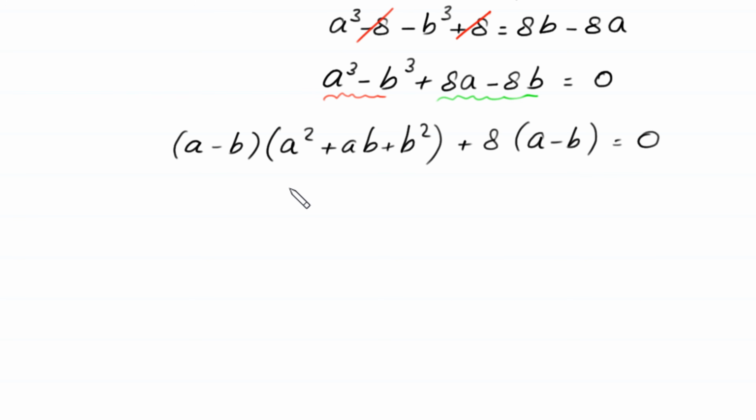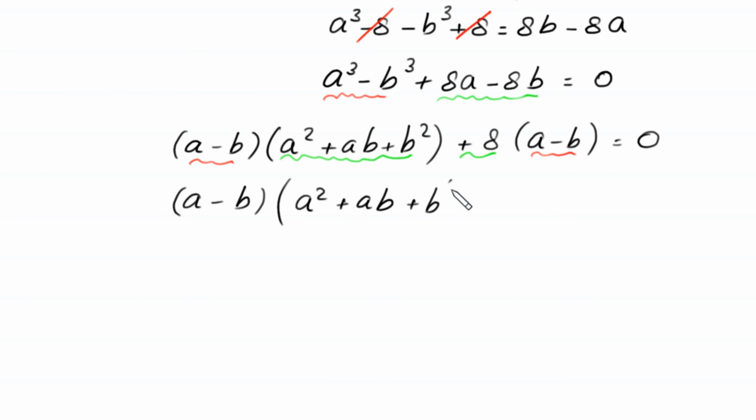From here, as you can see, this expression a minus b is a common factor. So we factor out this a minus b, and in bracket left this a squared plus ab plus b squared, and this plus 8. In bracket left a squared plus ab plus b squared plus 8 is equal to 0.